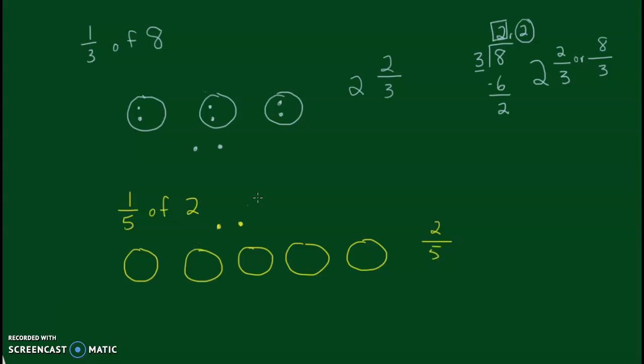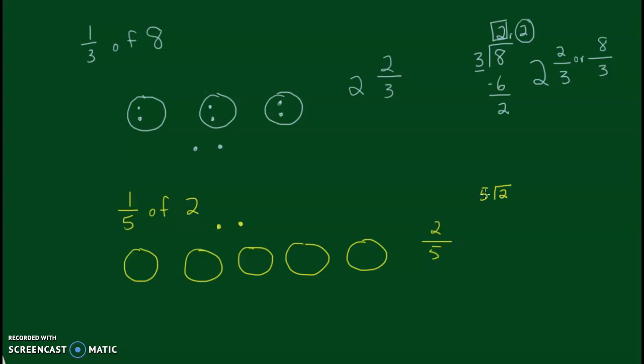Coming down here, we have not learned how to do a division problem like this. So again, it would be 2 divided by 5. We have not practiced so far this year doing a division problem where I misspoke up here. This is the quotient. The dividend then is smaller than the divisor.